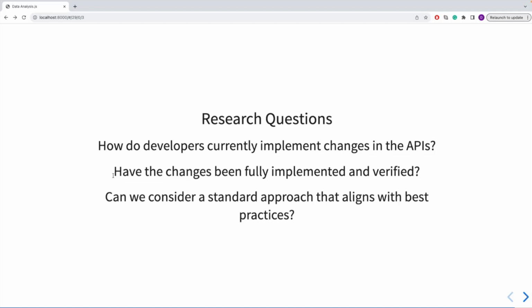For example, when the structure is changing, are all the elements being applied? And the last one: can we consider a standard approach that aligns with best practices? This question refers to all the conventional names that developers use to define, for example, an API key.